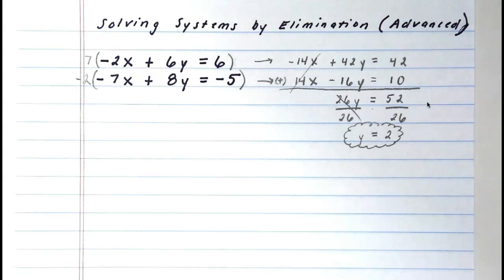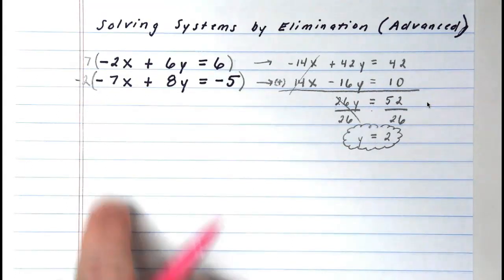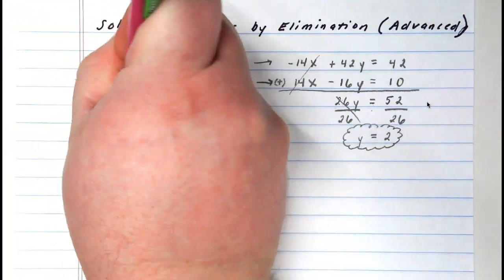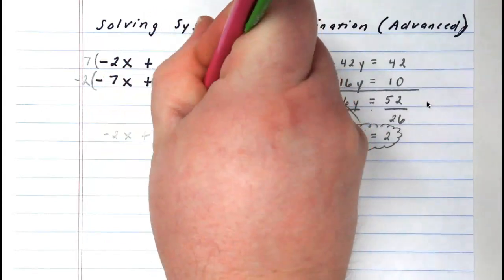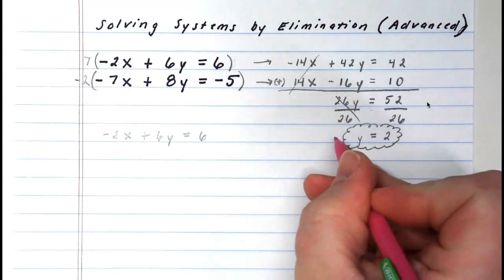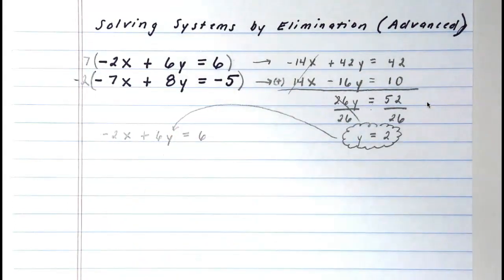In this case, it really probably doesn't matter because they both are fairly the same in terms of how complicated they are. So I'm just going to take the top equation, -2x plus 6y equals 6. And I'm going to take this y equals 2 and plug it in right there.